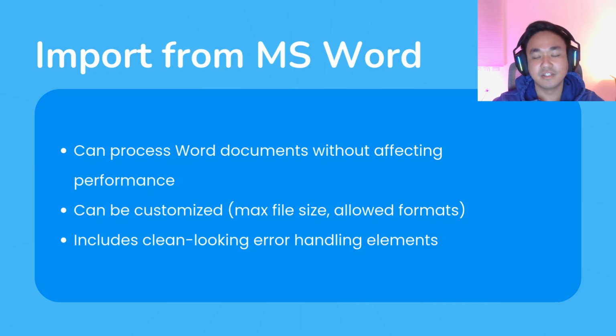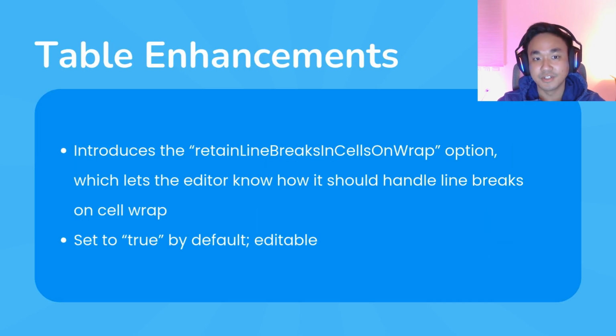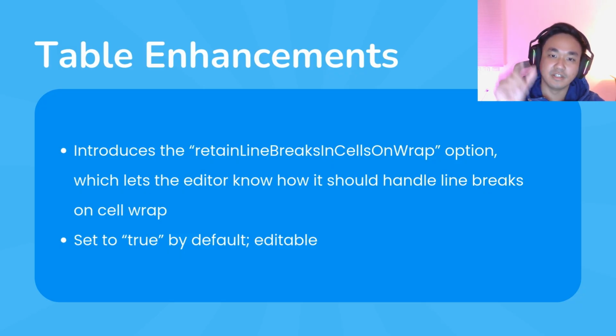Version 5 also brings another important thing to the table, well, quite literally, since we're talking about table enhancements. Froala version 5 introduces the Retain Line Breaks in Cells on Wrap option. This specifies how the editor should handle line breaks when cell content wraps to multiple lines. For example, let's say you have a remarks column that can contain different remarks in one row, but on separate lines.